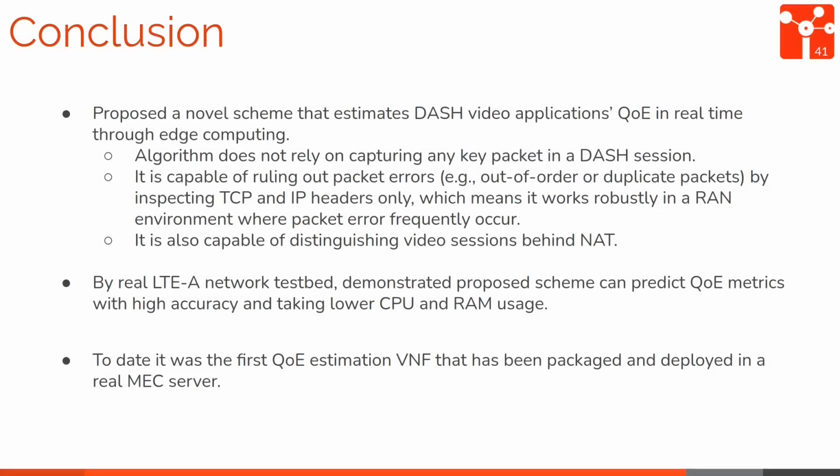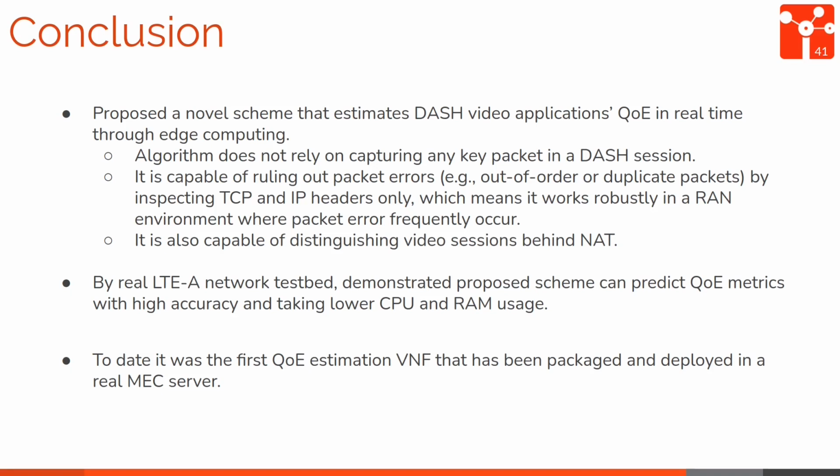So that's it for the conclusion. The authors proposed a novel scheme that estimates DASH video application QoE in real time through edge computing, where the algorithm doesn't rely on capturing any key packet in the DASH session, and is able to rule out packet errors by inspecting TCP and IP level headers only, which means it works robustly in the RAN environment where packet errors frequently occur.